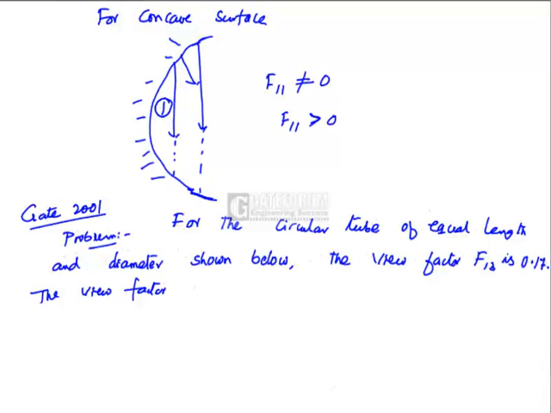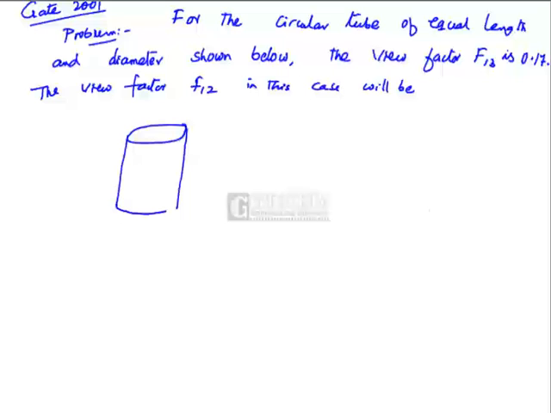The view factor F12 in this case will be... This surface is A1, this is A2, this is A3, this is D.